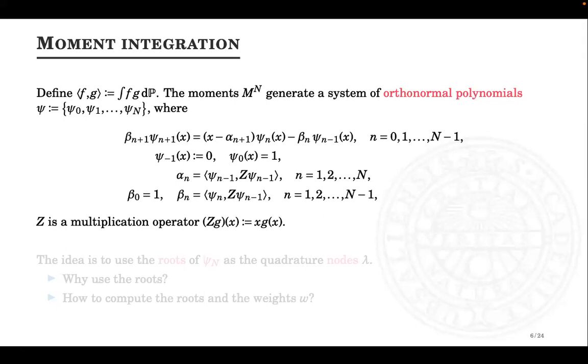Alpha equals the inner product between the orthogonal basis at a minus 1 with, essentially, a projection of the operator z onto the basis a minus 1. And this operator z is a multiplication operator. It's defined in a way that if you apply z on a function g, it equals the argument multiplied with the function, so a multiplication operator.